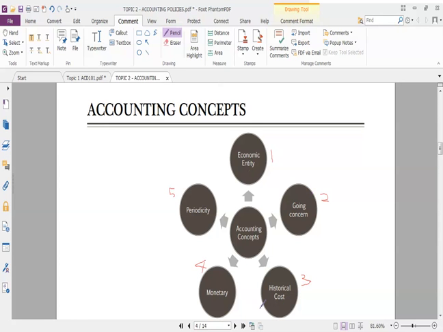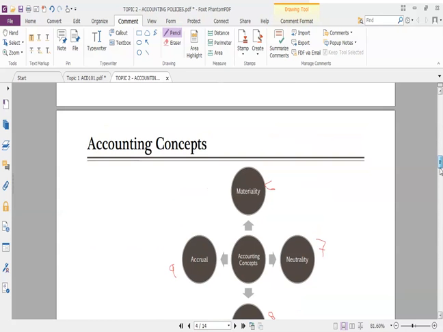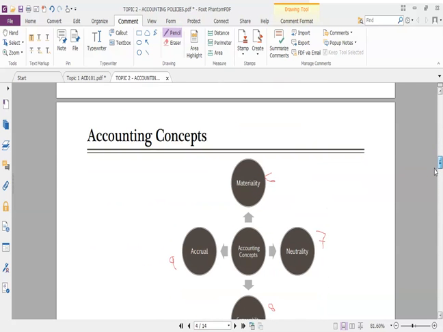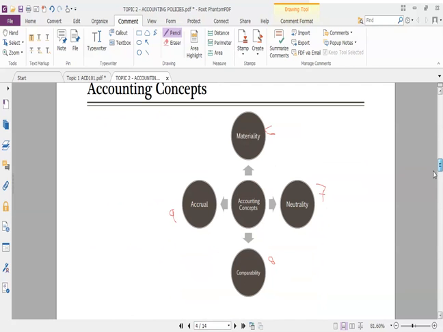Historical cost, monetary, periodicity. Let's look at them one by one. We have not only 5, but actually 9: materiality, neutrality, comparability, accrual. I already mentioned accrual before, right? Later on we will discuss.